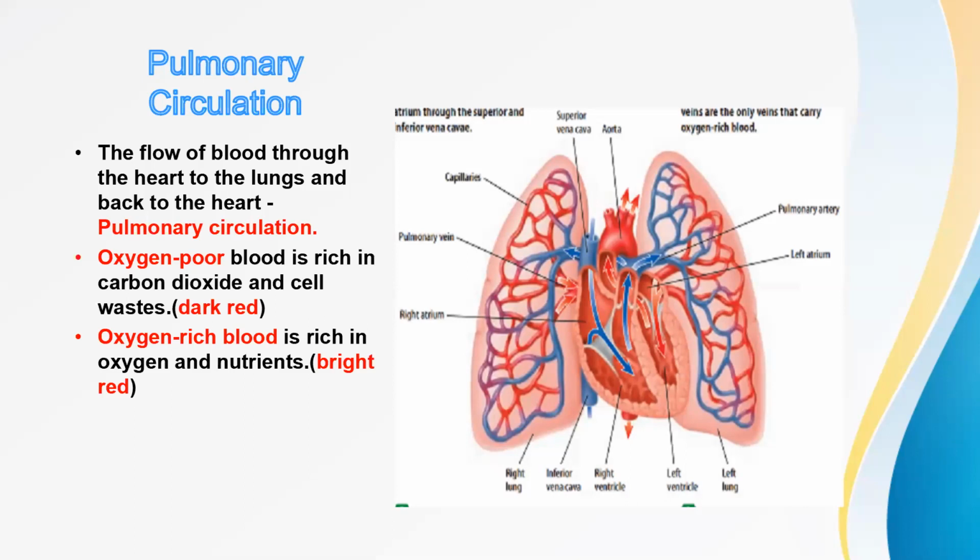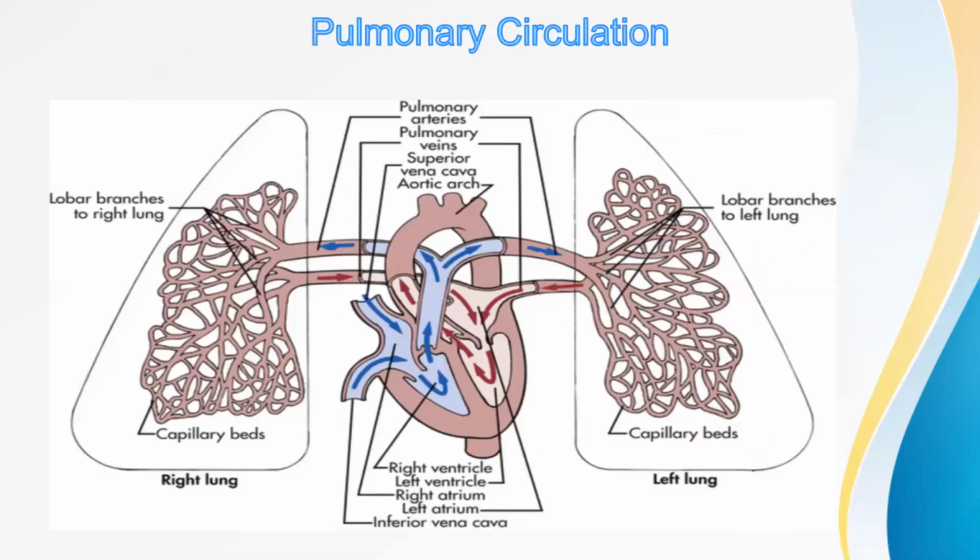When it comes about oxygen rich blood, it's also called as oxygenated blood, rich in oxygen and nutrients. The color of this oxygen-rich blood is bright red in color. In a previous class, we already know how the blood circulates between the heart and lungs, how the oxygen poor blood becomes as the oxygen-rich blood.